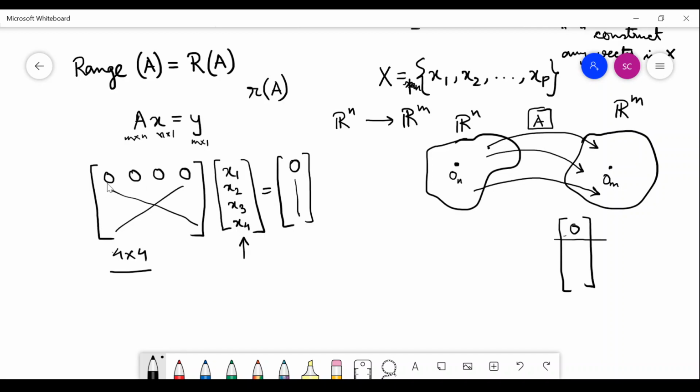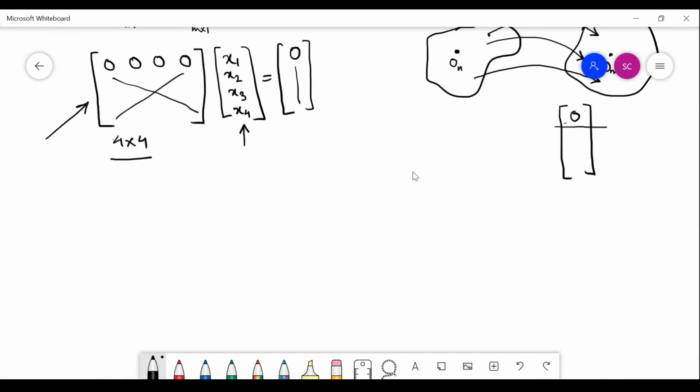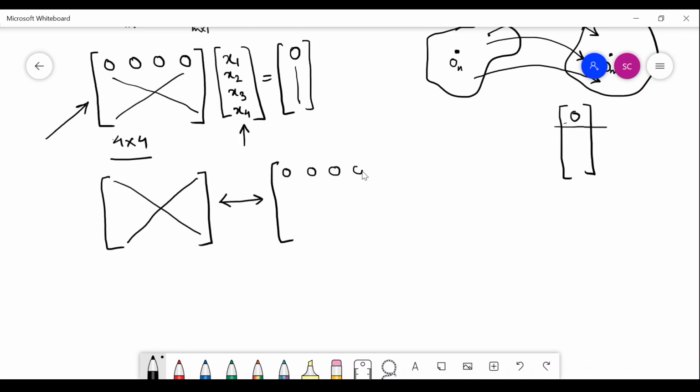No, because a row being 0 can also happen by doing a row operation on a matrix. So if you have a matrix which has all non-zero elements, but after doing row operations you find that one of the rows has become 0, then these two matrices are equivalent, and so the range space of these two matrices is also the same.